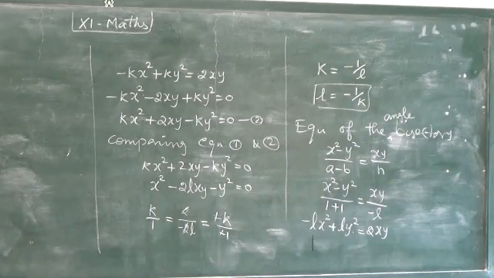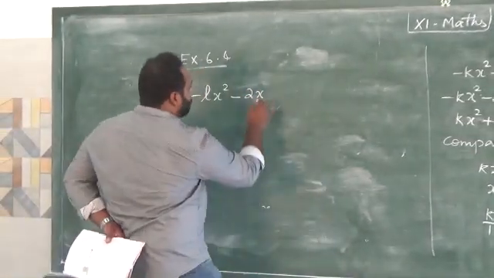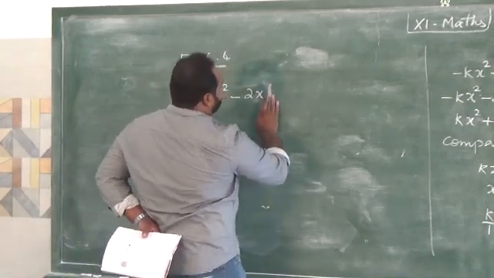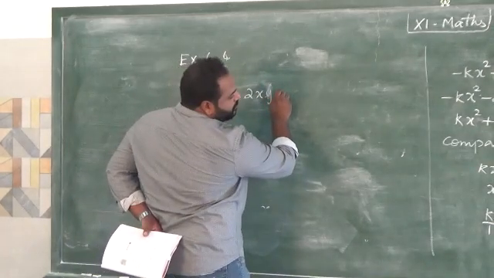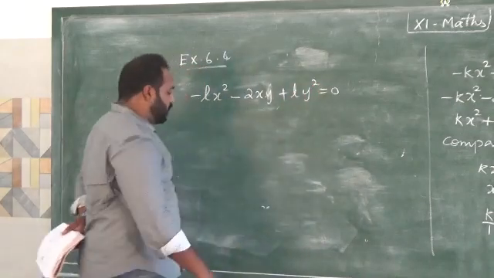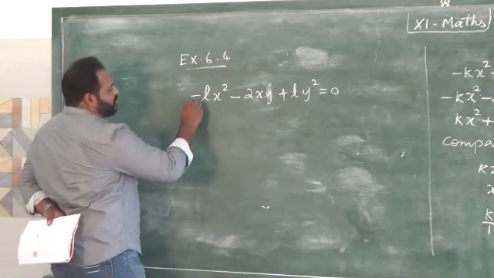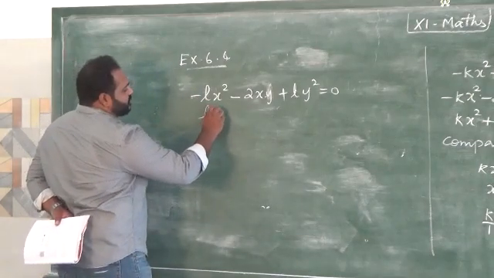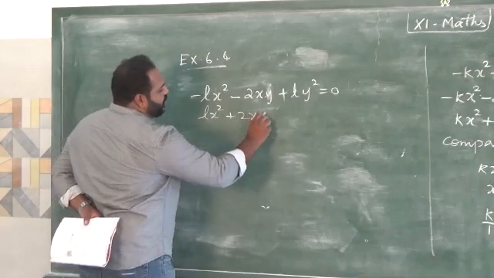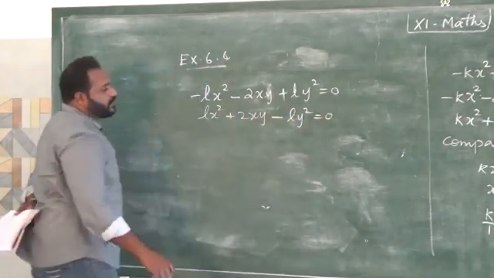If you bring 2xy to the left hand side, minus l x square minus 2xy plus l y square equal to 0. Here I am going to change the sign: l x square plus 2xy minus l y square equal to 0.